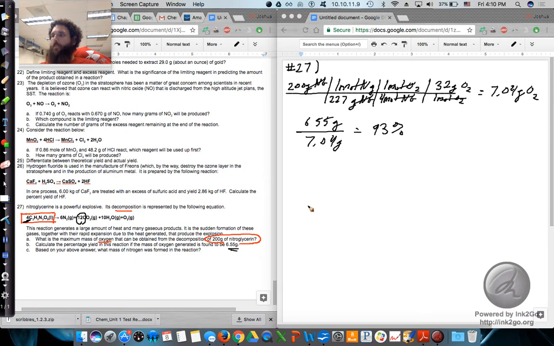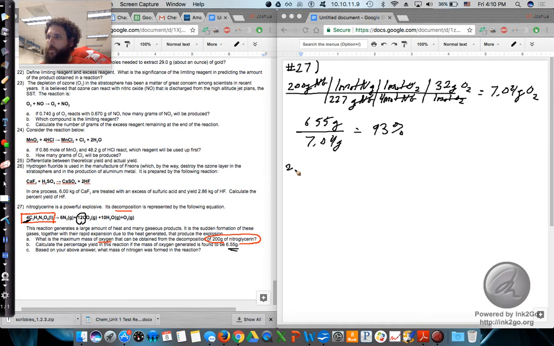There's several ways that we can do this. But I'm going to go ahead and start over with the 200 grams of the nitroglycerin and just change the end part to nitrogen with one little change at the end. And I'll show you what that is when we get there.